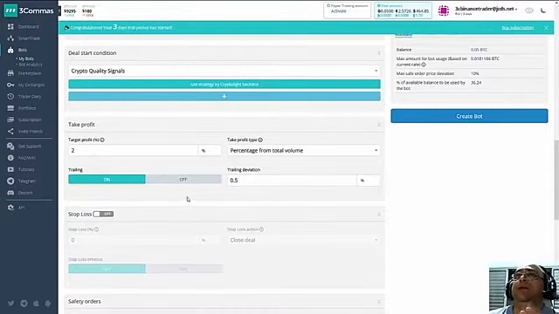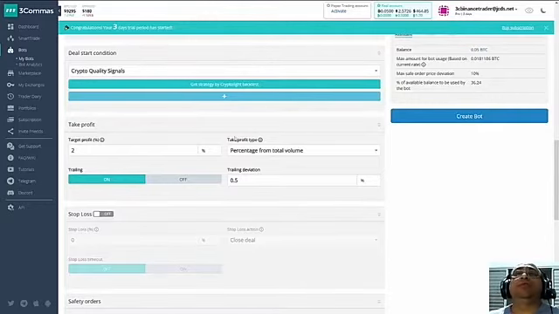But if the price continues to rise, my profit will continue to rise, which is great, right? So this way, in theory, I will have at least 1.5% profit, but I can have much more in some trades. Let's see how it goes.